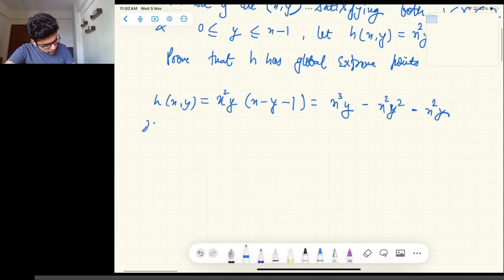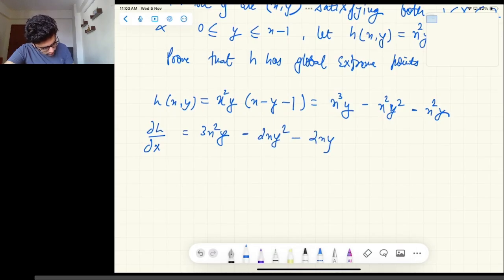Now finding the partial derivative of h with respect to x, del h by del x gives me 3x squared y minus 2xy squared minus 2xy.